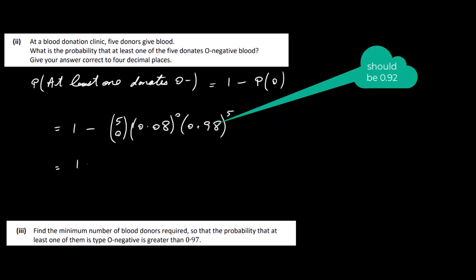So it's going to be 1 minus 0.9039207968, and when you subtract that from 1 and round it to 4 decimal places, you should get 0.3409. That's the 4 decimal places. Okay, and that's it for that question. Let's have a look at part 3.